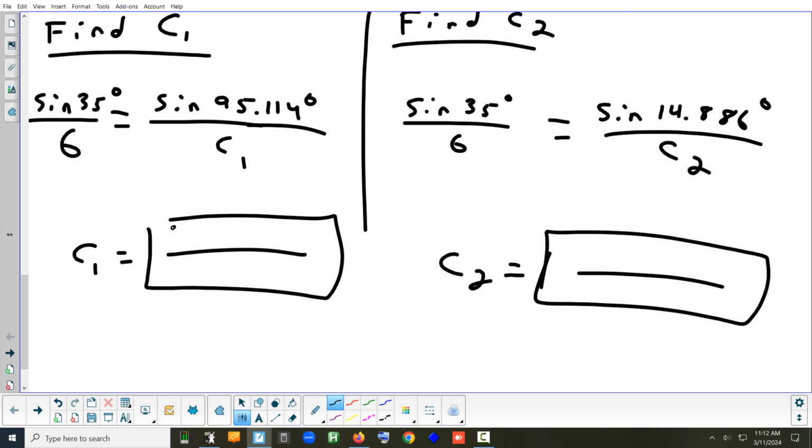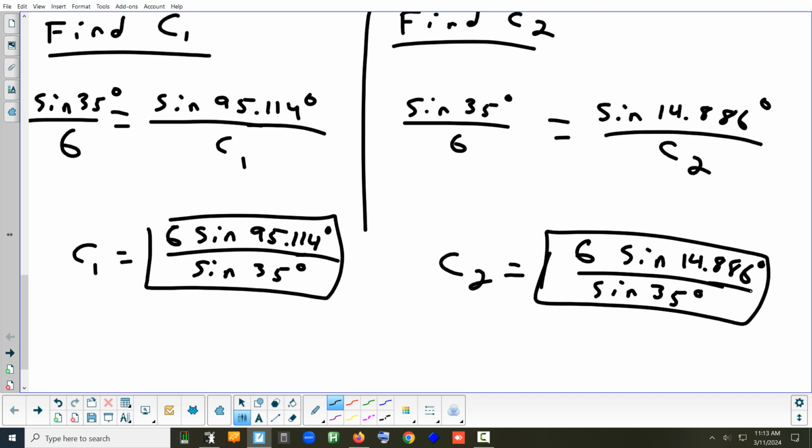So you would have 6 sine 35 over sine 35. So we'll type that in, see what we get. And now on the other one, it's the same setup. 6 sine in the top, sine 35 in the bottom. But instead of the angle of 95, we're using the 14.